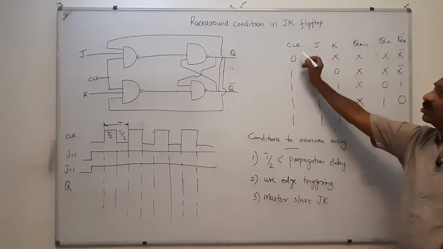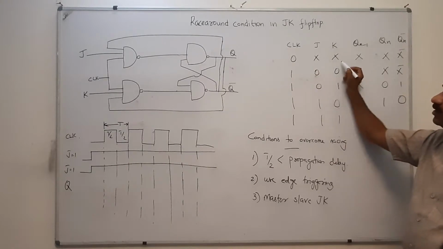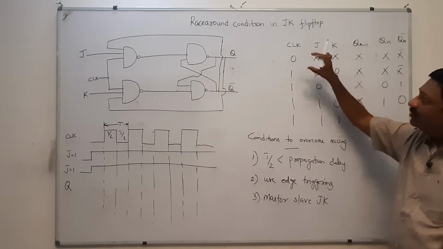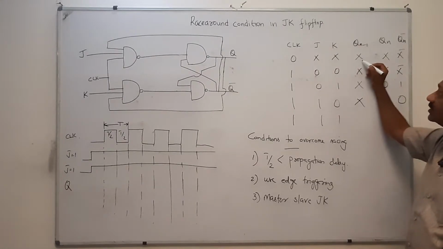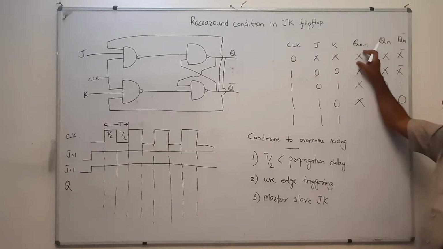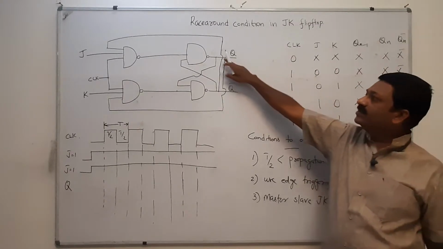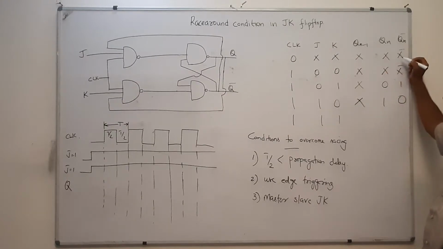Now, if the clock is 0, whatever be the value of J and K, it will retain the previous output. Suppose the previous output is X, it will retain that value, and Q bar will be X bar.